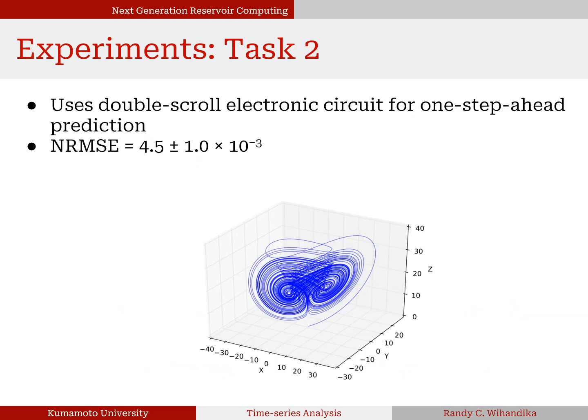The second experiment uses the double scroll electronic circuit for one-step ahead prediction, and the result is measured in terms of the NRMSE, and the result is 4.5 plus minus 1 by 10 to the power of minus 3, and is also very small.